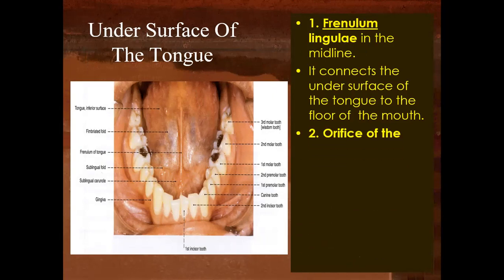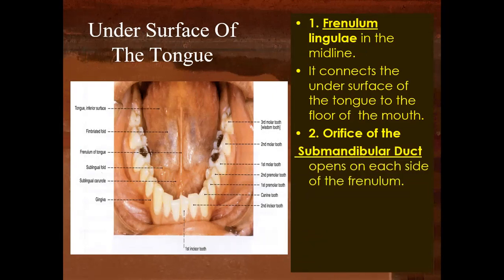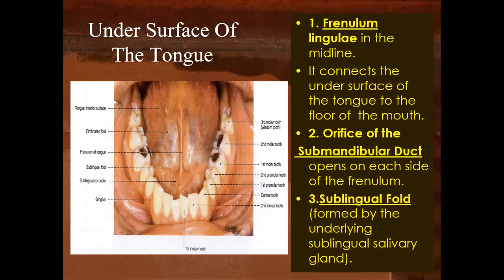The orifice of the submandibular duct opens on each side of the frenulum, just beside the frenulum, so there will be openings of the submandibular ducts on either side. Then the sublingual fold, formed by the underlying sublingual salivary gland, can also be seen here.